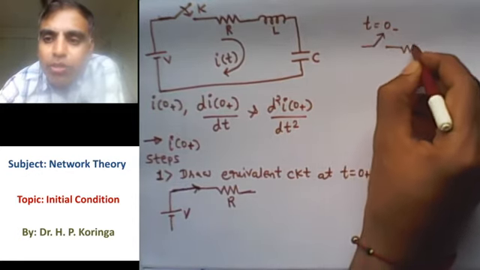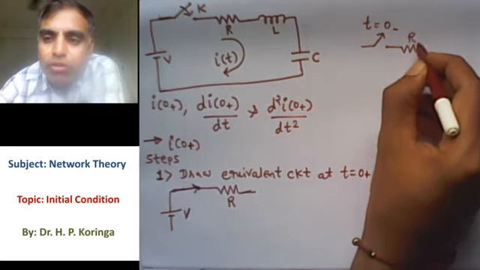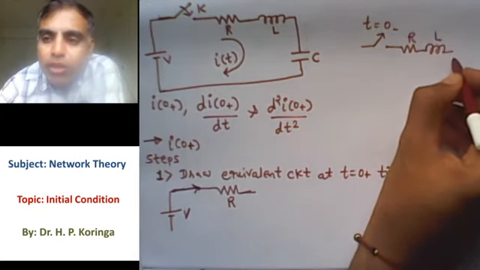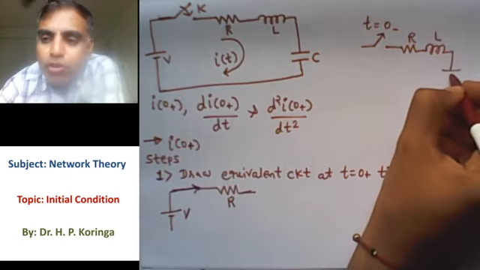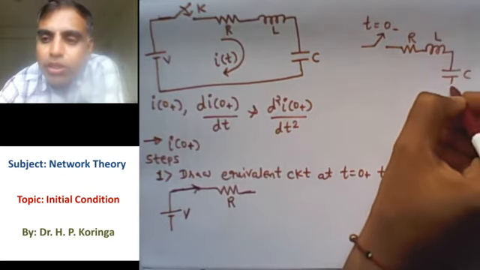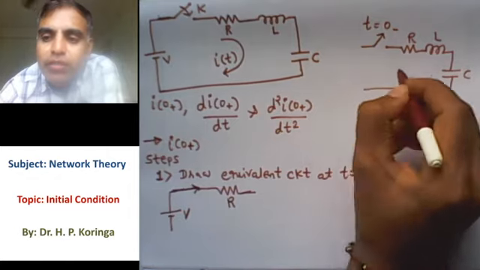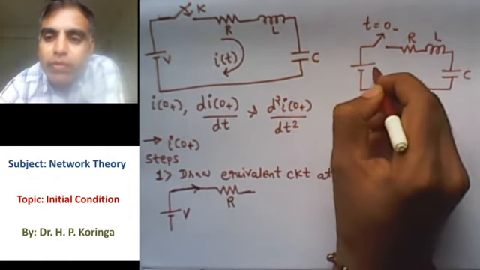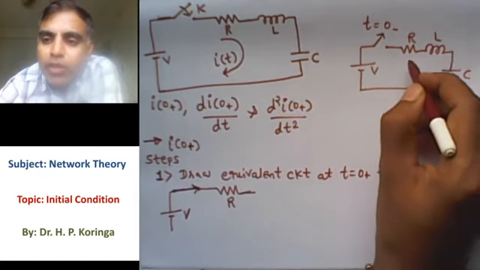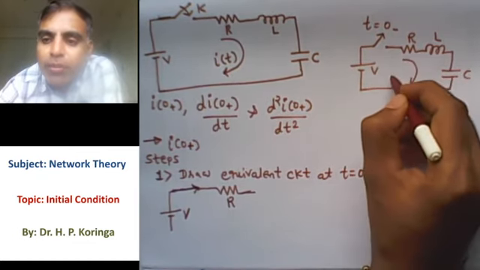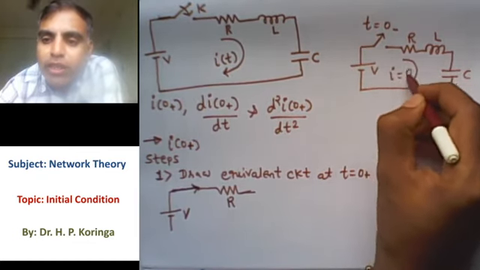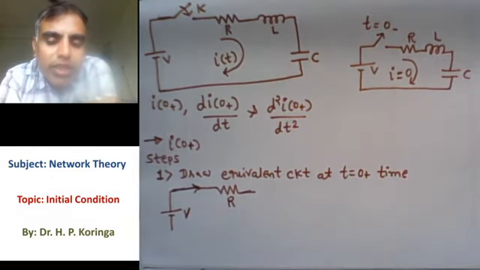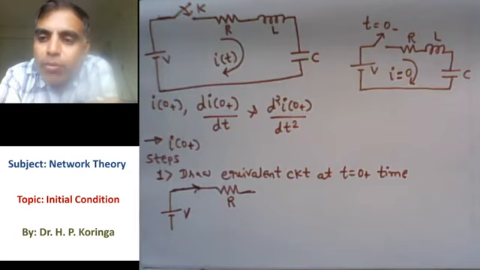This R is not connected to any source, this L is also not connected to any source, and the capacitor is also not connected to any source. This is an open circuit at t equal to 0 minus, so the current passing through this network is 0 at t equal to 0 minus.